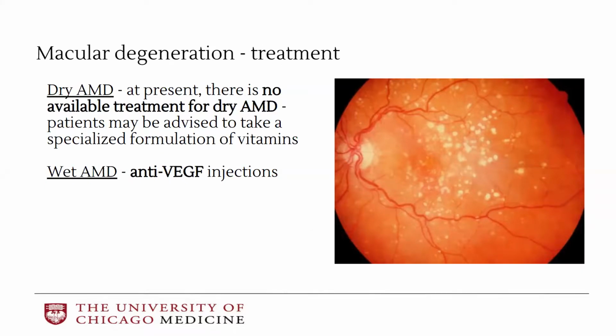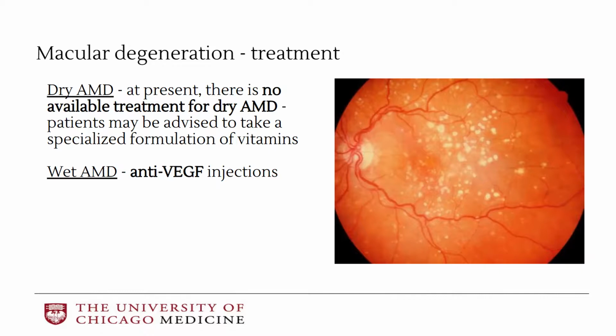So how is macular degeneration treated? Well, for dry macular degeneration, there's no medical or pharmaceutical treatment currently available, other than a specialized formulation of vitamins. These are over-the-counter AREDS vitamins or AREDS 2 vitamins.